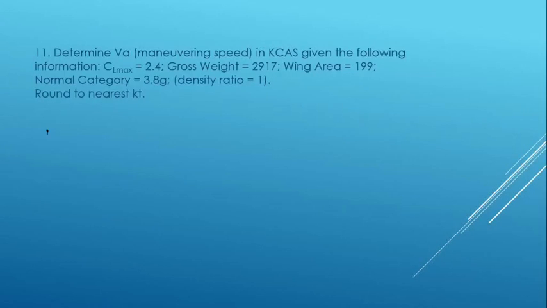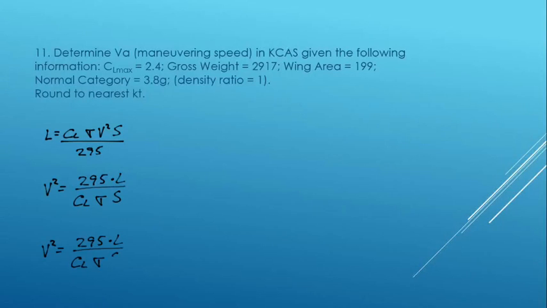So it's similar to other problems. We're going to start with the lift formula, solve the lift formula for velocity, simplify that lift formula so that velocity is equal to the rest of the lift formula. The new wrinkle that we've added in here is load factor of 3.8 because of normal category.